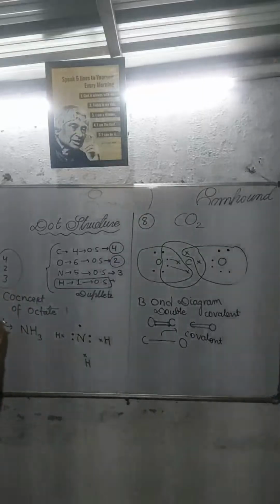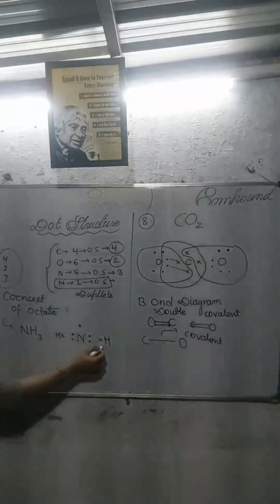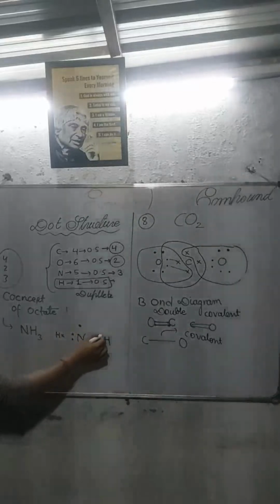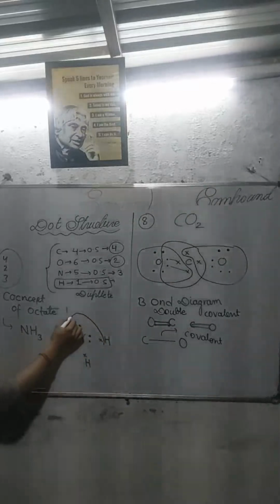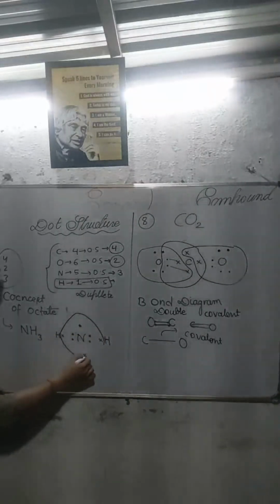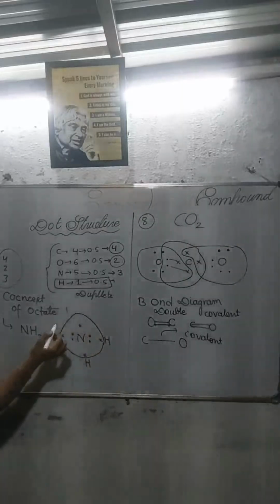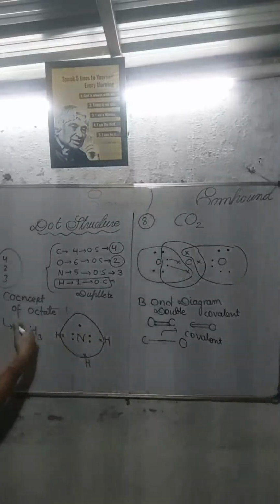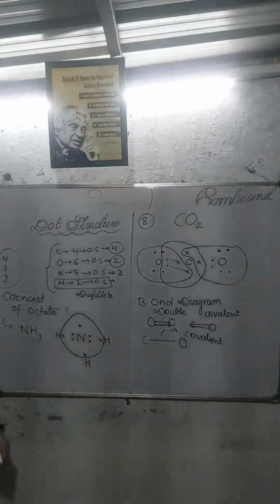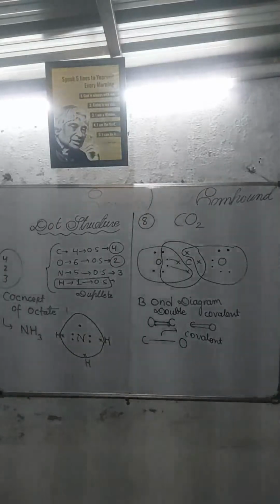They need 3. So what do they do? सब खा लेगा. Okay, like that. सारे इलेक्ट्रॉन इसने ले लिए. Yes or no?